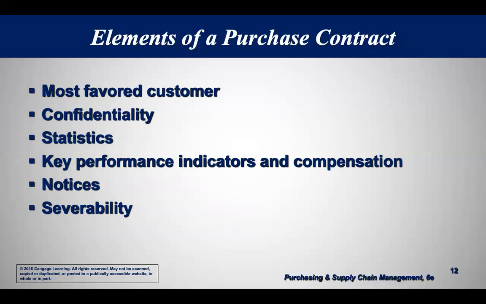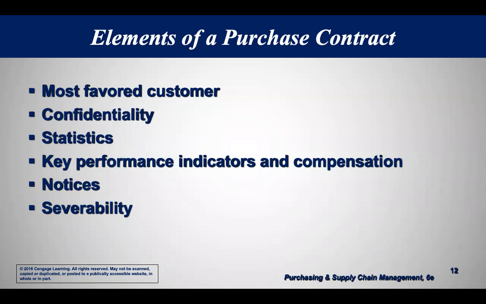In other words, you must treat them as your most favored customer. So if you're selling to several people, the government says, we must be at the lowest price, or the same as. You cannot charge us any more than you charge anybody else. We insist that we are the most favored customer. The federal government started that.